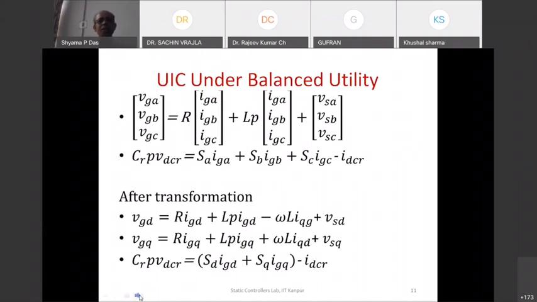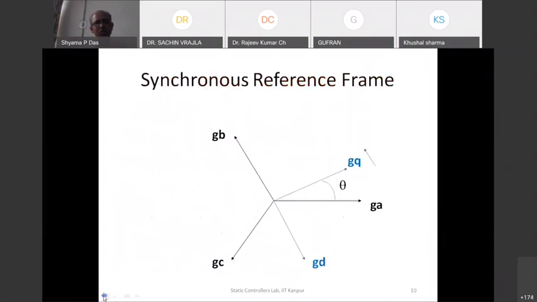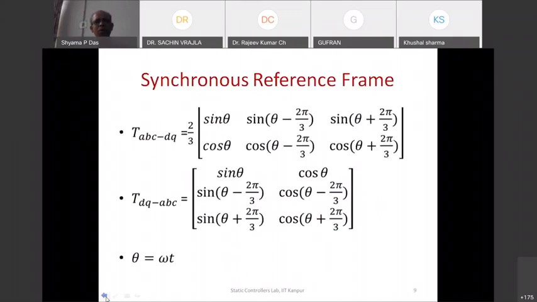Now the first equation, which involves 3 phases, VGA, VGB, VGC, we transform into DQ. After we transform this, you see that we have a derivative here. The transformation matrix, if you go one slide before, involves theta.